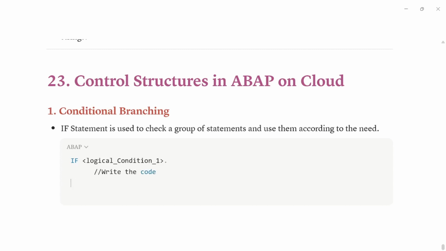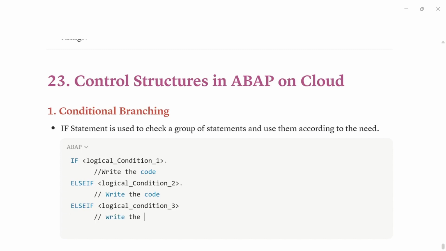If there is any other condition to be checked, we can go for ELSEIF condition 2, and here also write the code. Or if multiple conditions are needed, we can go for ELSEIF logical condition 3, and write the code.